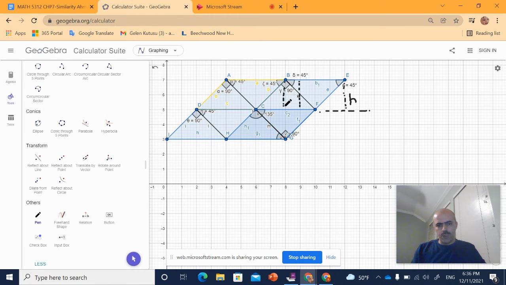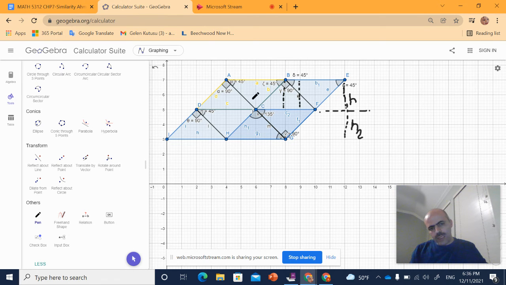If we draw a vertical line from B to here, what we see is that this h is just half of h2. h2 is the height for the big parallelogram AEGI.